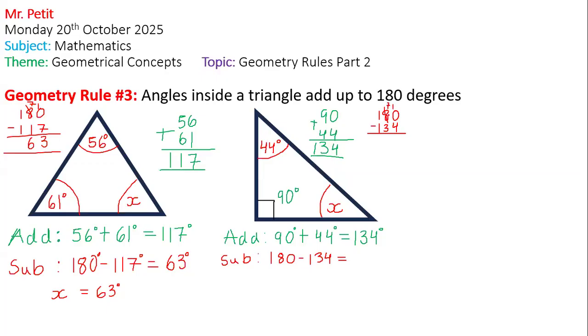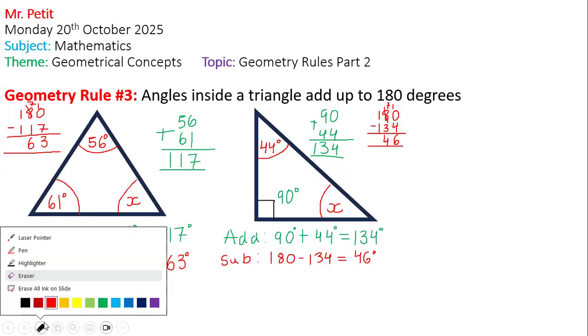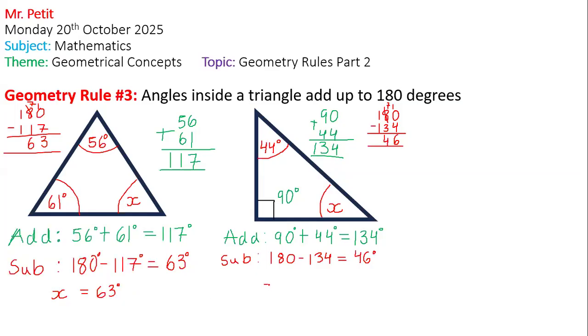And this is 10. 10 minus 4 is 6. 7 minus 3 is 4. So I got 46 as well. So it's going to be 46 degrees. And so that means, therefore, that x is equal to 46 degrees.